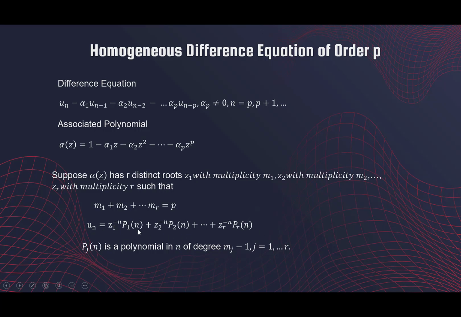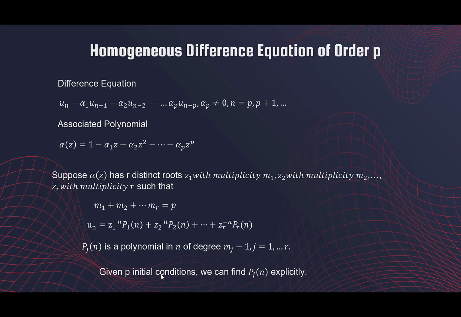Of course, to determine exactly what these polynomials are, these polynomials will involve constants, and to find what these constants look like, we will need initial conditions. And now that we are dealing with a difference equation of order p, we need p initial conditions. So if you go back and think about it, in a difference equation of order 1, we had one initial condition.